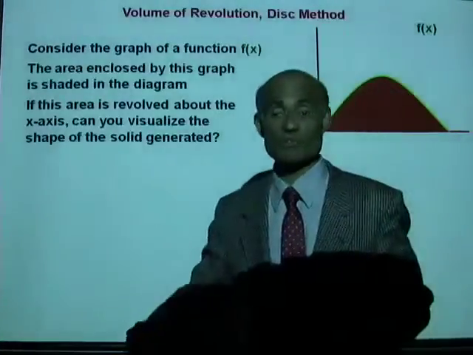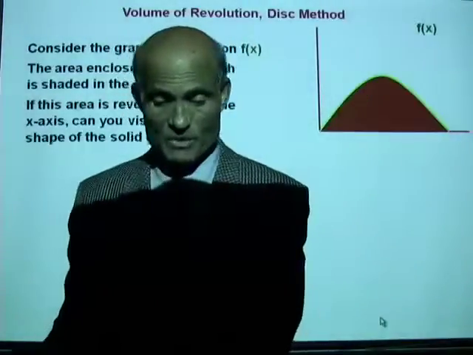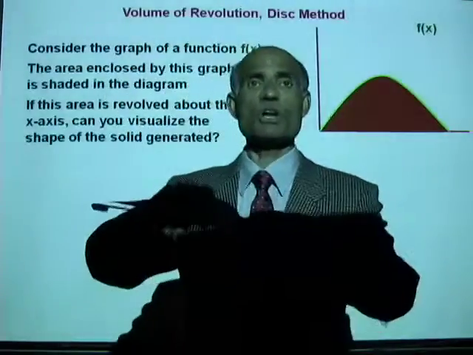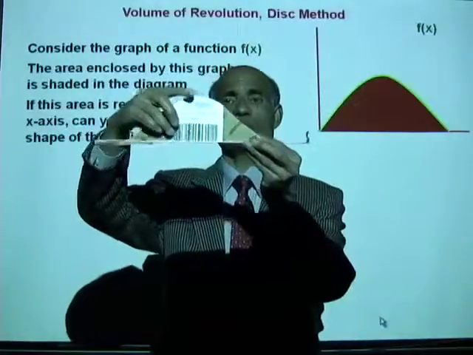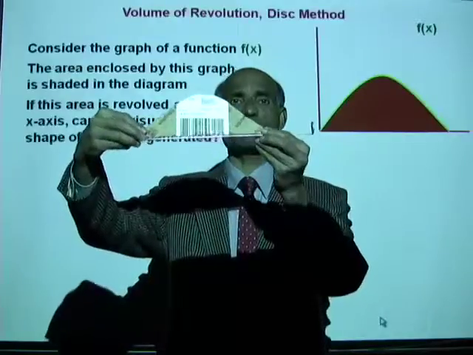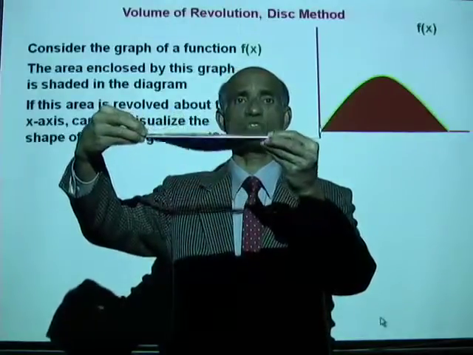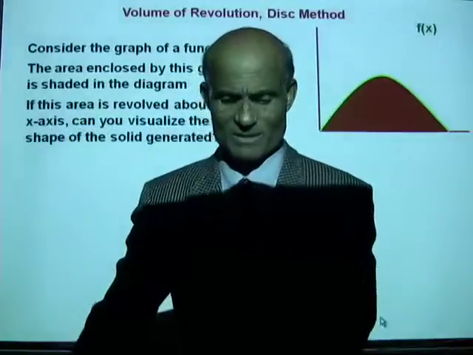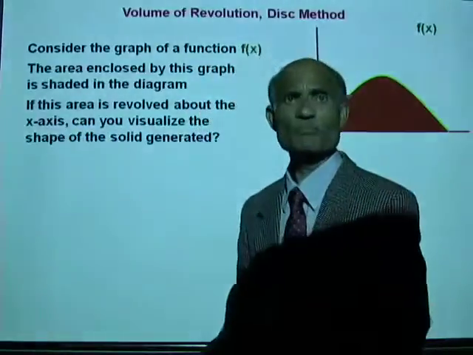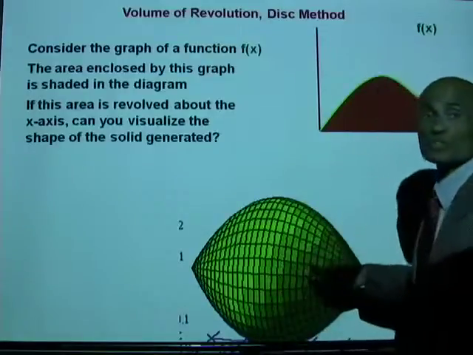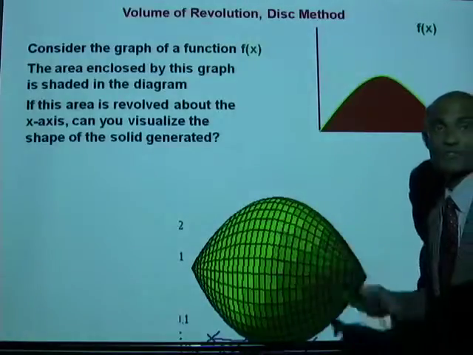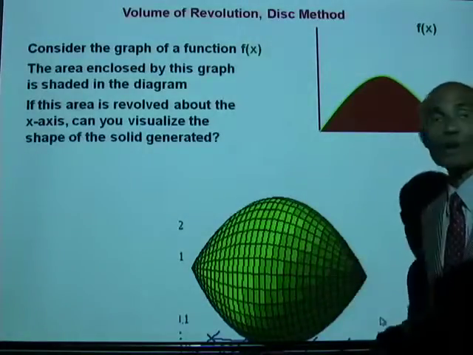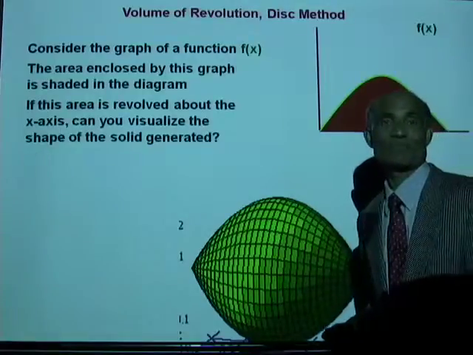I just showed you a couple of examples. In fact, this is very close to that. If you revolve this area about the x-axis, can you visualize the shape of the solid? I think that should be simple. Is that right? All right. If you can see this, the solid generated will look almost like this.